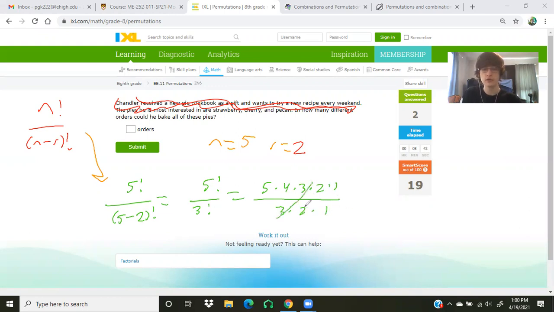Now we cancel the 3's, cancel the 2's, cancel the 1's, and what are we left with? 5 times 4, that is equal to 20. So if you can only look at 2 names at a time out of the 5, there's only 20 possible permutations.